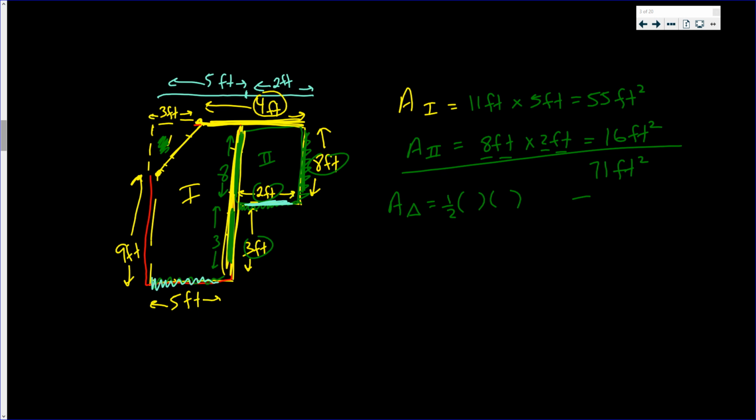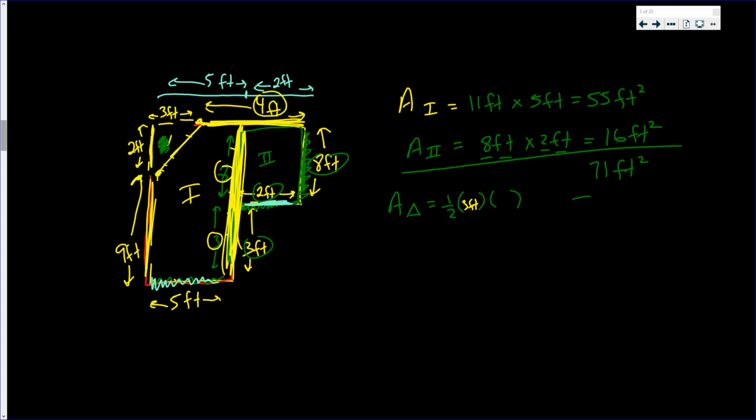So we'll call that the base. The base is 3 feet. Now what's the height? How long is this piece? Well, remember, this whole thing was 3 plus 8 or 11. Since this piece is 9, then that piece must be the remaining 2 feet to get to 11.